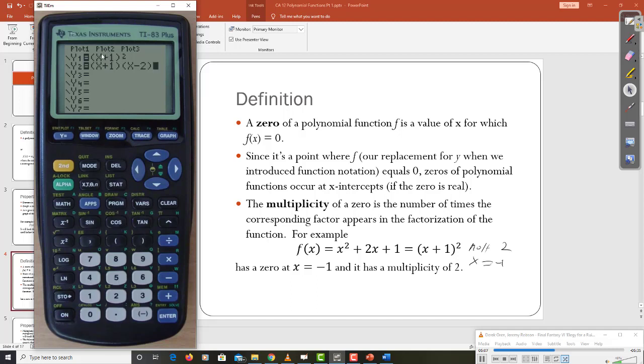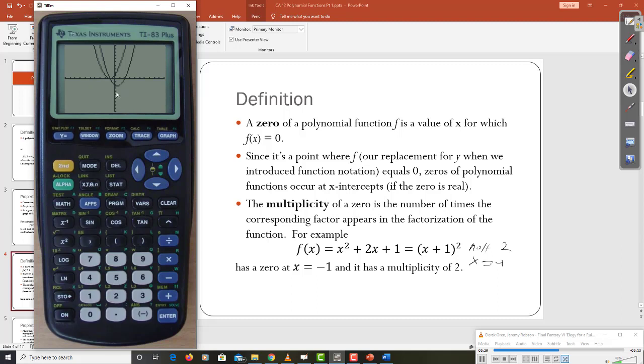So this has a 0 of negative 1 with a multiplicity of 2. This has a 0 of negative 1 with a multiplicity of 1, and a 0 of 2 with a multiplicity of 1. If you look at the graphs, oh, I forgot to change my window. Let's see, ZStandard here. There.